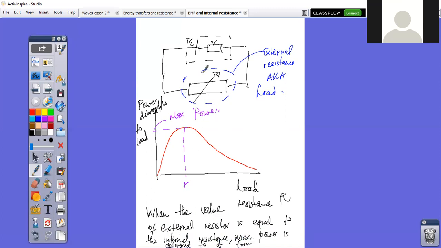Now the it here, I mean the external load, is delivered to it from the cell. We'll put this here so that we know.